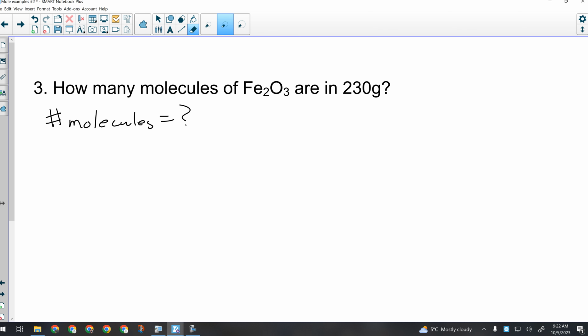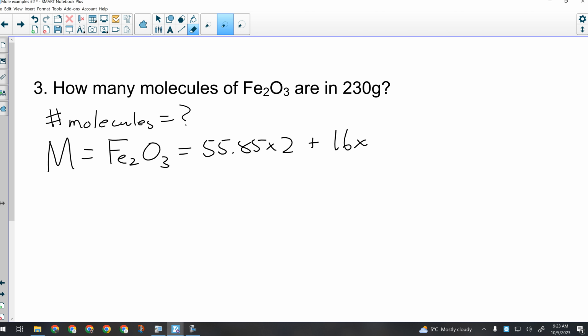Okay, of iron 3 oxide. Okay, so Fe2O3. Okay, so that's going to mean 55.85 times 2 plus 16 times 3.